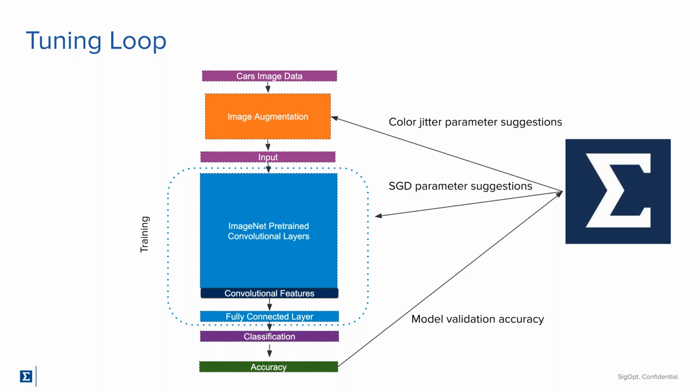And the reason for this feedback loop is the image augmentation will actually have downstream effects on your stochastic gradient descent parameters as well. So this is just a nice way to deal with both things at the same time. But yeah, this code is online, so it should be relatively easy to try this without SigOpt and just the image augmentation, but that's not something I did. But thank you for that question.